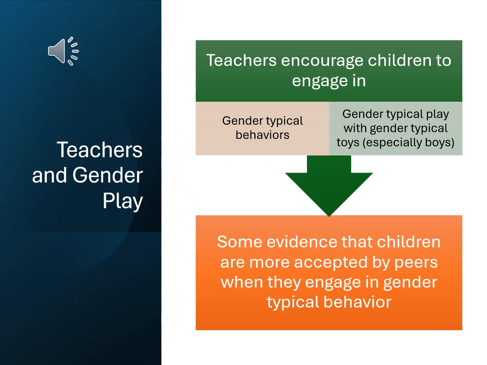Or is this because we're giving explicit and non-explicit messages to boys and girls every single day about what we consider to be appropriate, and that children are just picking up on the messages that we're delivering? They're just receiving it and not questioning it.